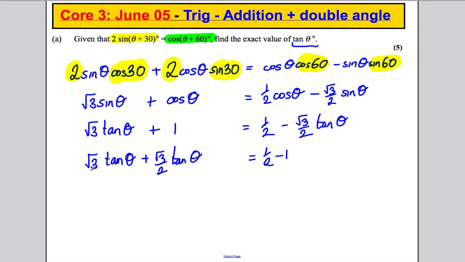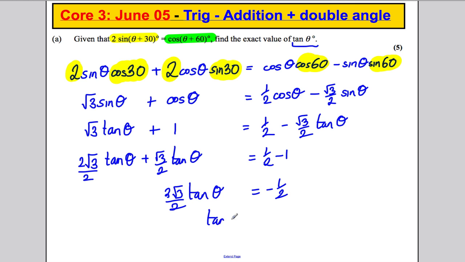Adding these together, root 3 tan theta plus root 3 over 2 tan theta, that's like 2 root 3 over 2 tan theta plus root 3 over 2 tan theta, which would be 3 root 3 over 2 tan theta is equal to negative a half.